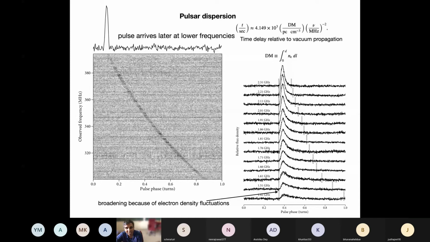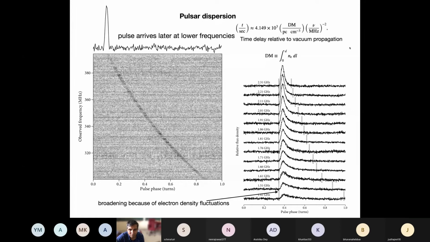By modeling these fluctuations, one can get a sense of what the density fluctuations in a medium are. So this is also used. This is called pulsar scintillation. These are called radio scintillation studies. This is also one of the things that's popular in using pulsars as a probe of density of the ISM.